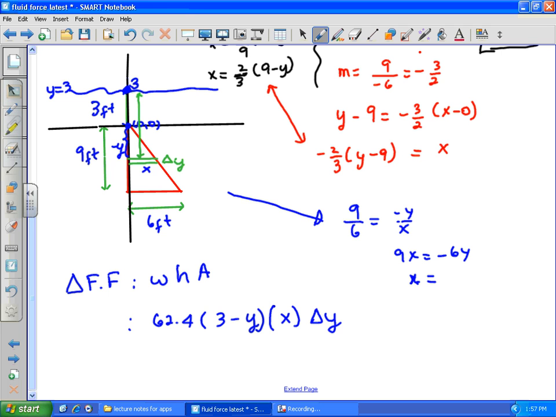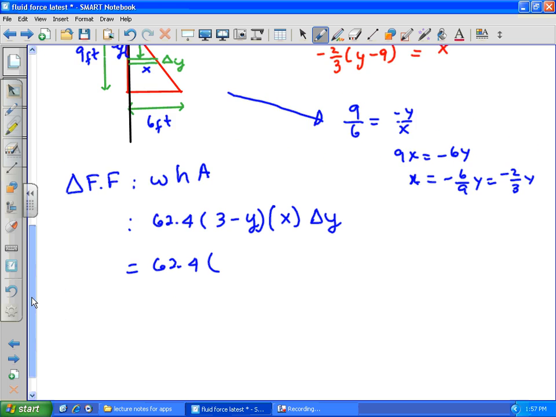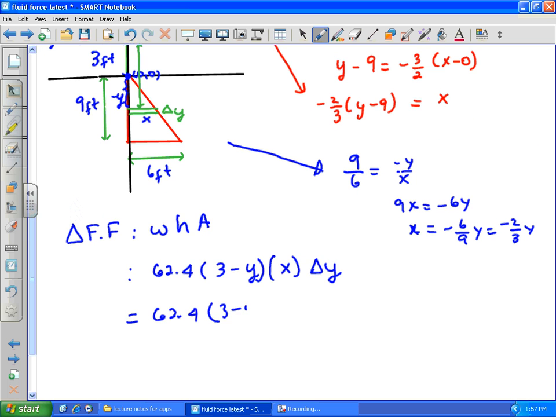That distance is kind of like 0 minus y in a sense. So we're getting x is equal to negative 2/3 times y. We can put that information in here. Bring it back up. And again, instead of x, I'm going to put negative 2/3 y.